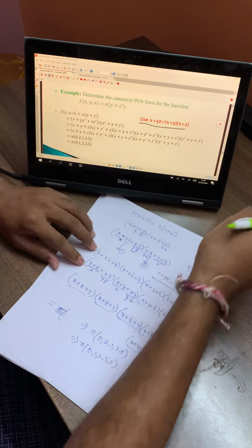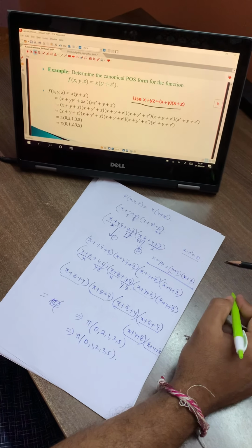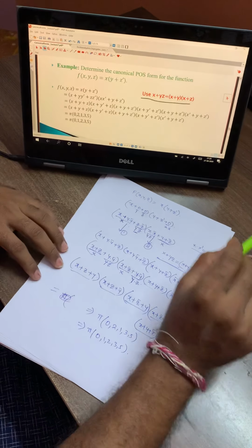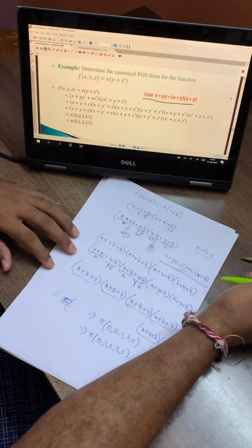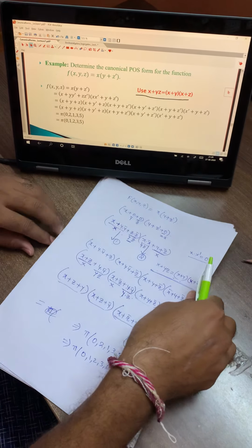This is the way to represent and define the standard canonical form of POS forms. The important thing is you need to use x plus yz is equal to x plus y into x plus z. Thank you.